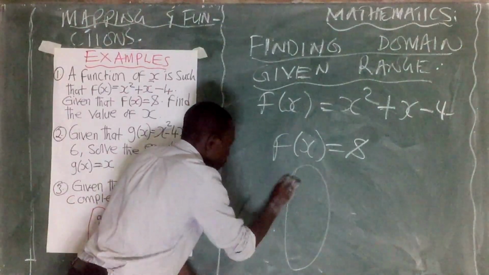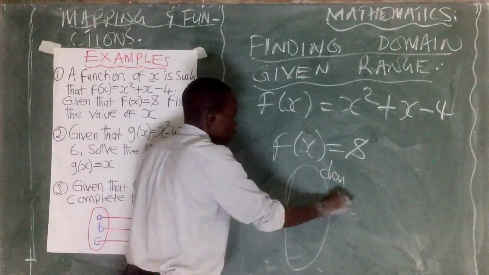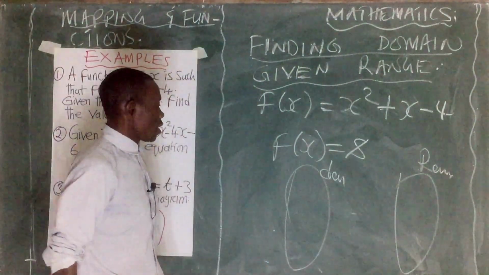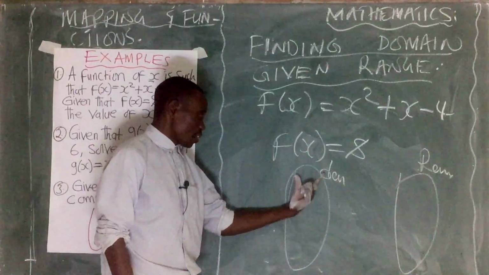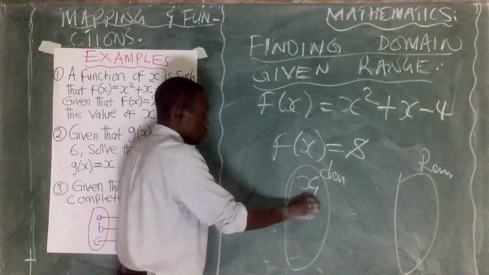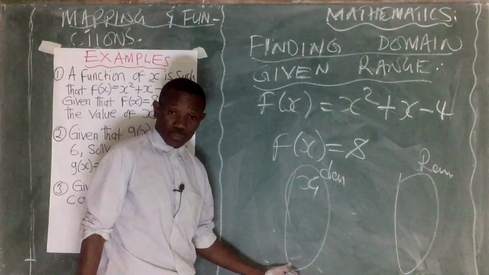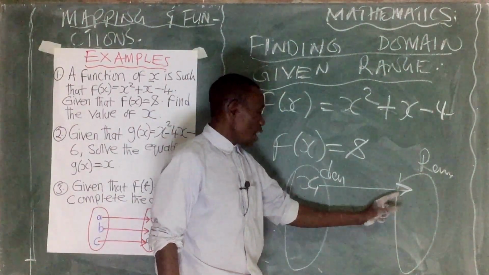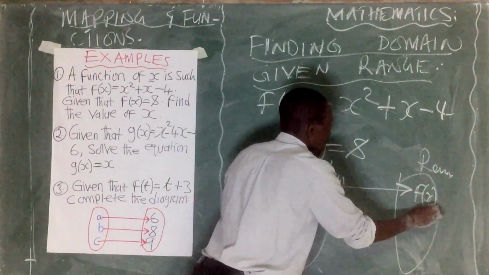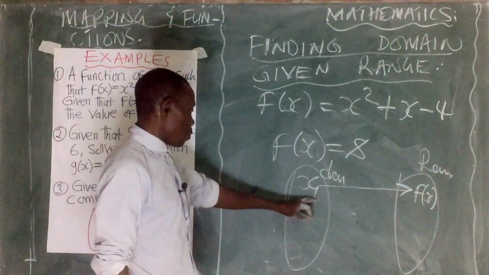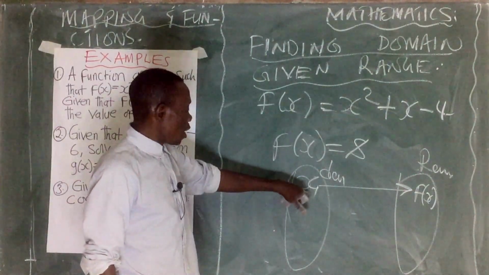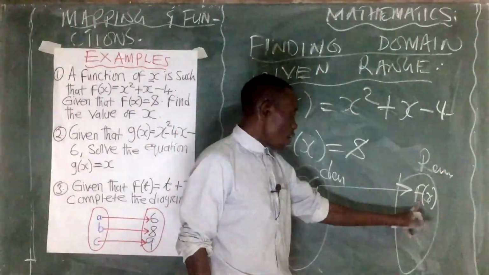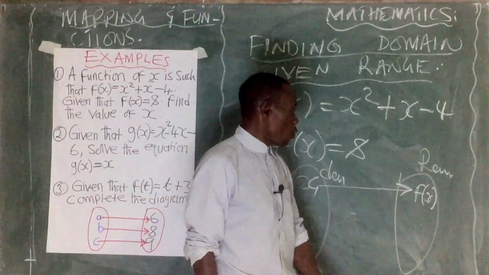When we have a set of a domain and a set of a range, and members in the domain are represented by a variable like x, we have x1, x2, x3, x4. Every corresponding value you get in the range is defined by f of x. It goes for all kinds of variables used in a function. If it is y, then we talk of y1, y2, y3, and then f of y1, f of y2, f of y3.